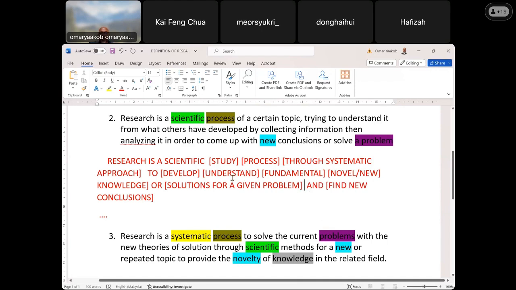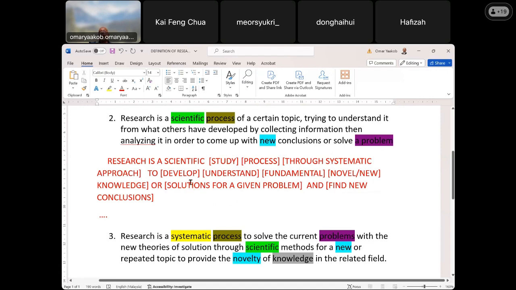I prefer understanding fundamentals, and to find new conclusion for me is on a notch. I mean, it's okay to find new conclusion. I agree with that. But here, is it new novel knowledge? What do you think? Is it fundamental knowledge or new novel knowledge? Because here it's either fundamental knowledge or new knowledge.